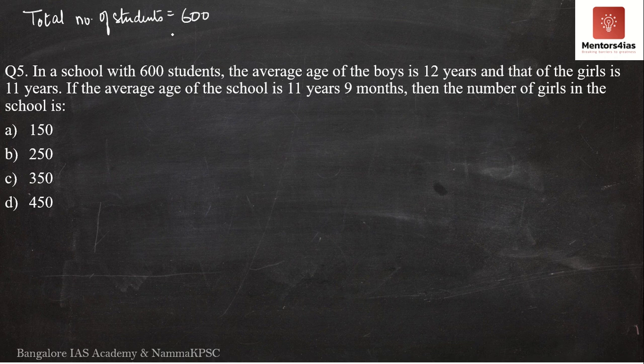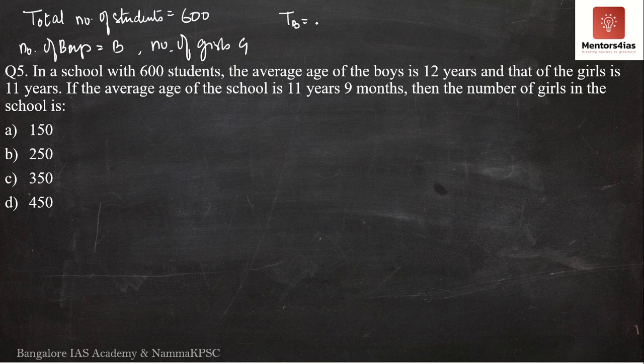Now, the average age of boys is 12 years and that of girls is 11 years. So let the number of boys be B. Let the number of girls be G, where TB is what?